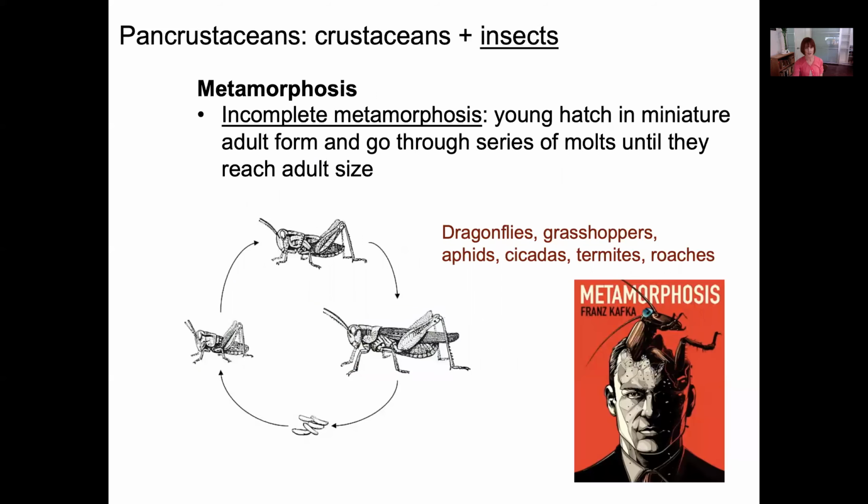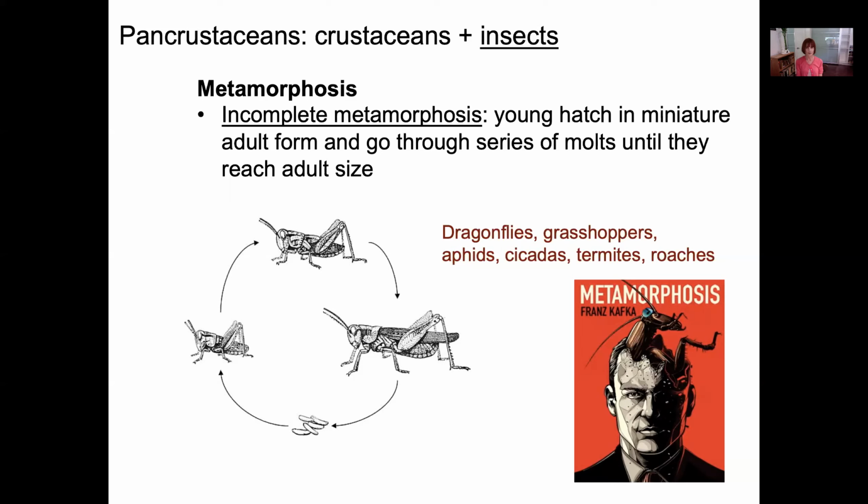Okay, the last thing I will say about insects is that many species undergo some form of metamorphosis, and this is not what Kafka was on about, a human turning into a roach. This is about a young juvenile form developing into an adult. There are two types of metamorphosis, and one is called incomplete because it's not really so dramatic in terms of the change that the animal goes through.